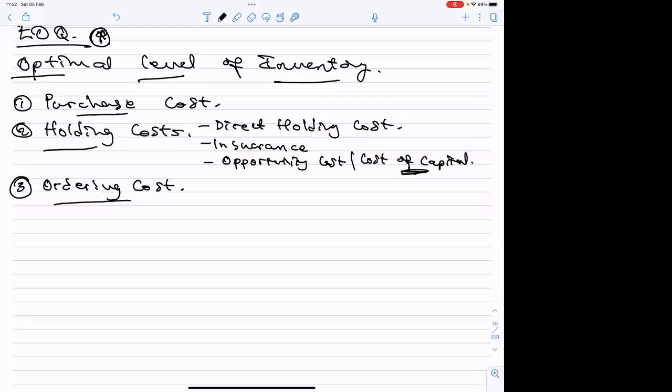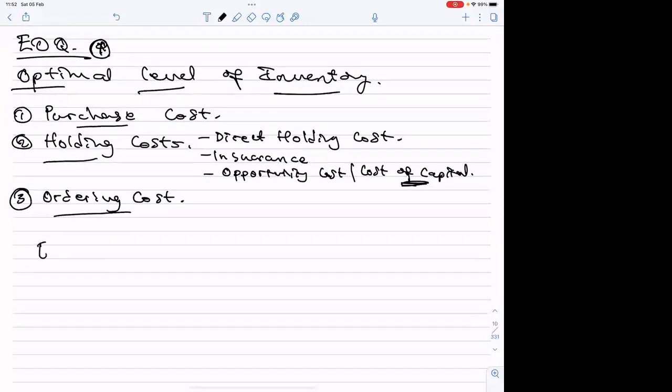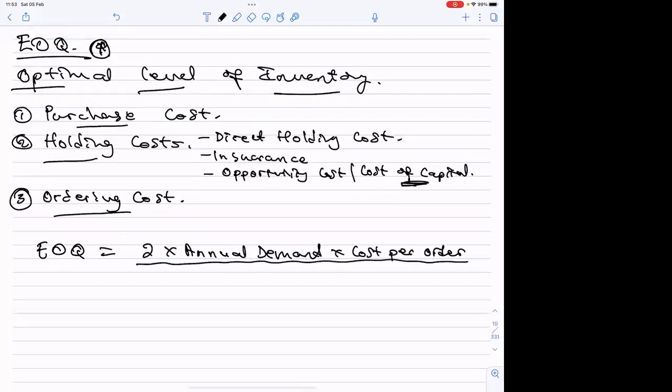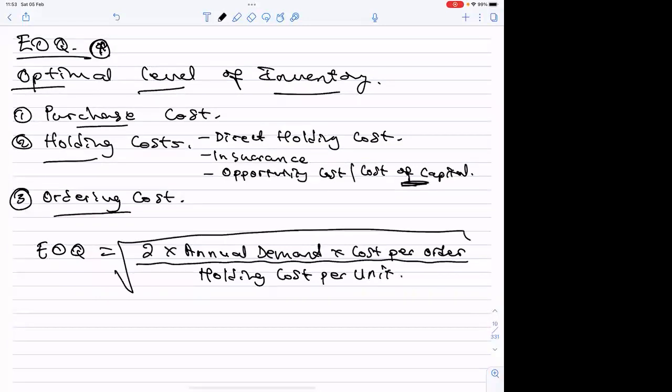The formula is simply EOQ: 2 multiplied by the annual demand, or we can say usage, multiplied by the cost per order, divided by the holding cost per unit. Everything is under a square root.